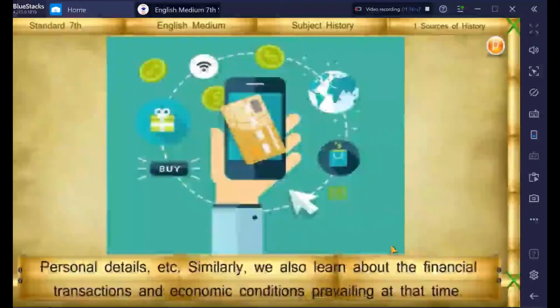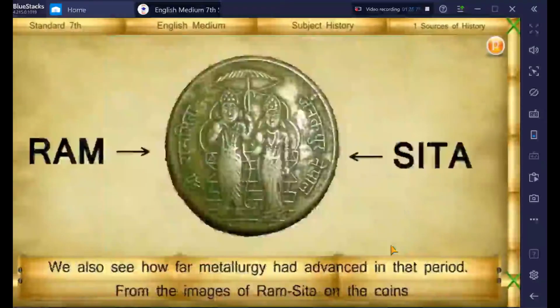Personal details, etc. Similarly, we also learn about the financial transactions and economic conditions prevailing at that time. We also see how far metallurgy had advanced in that period.